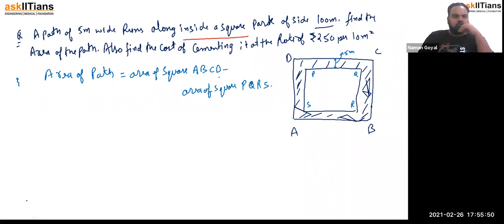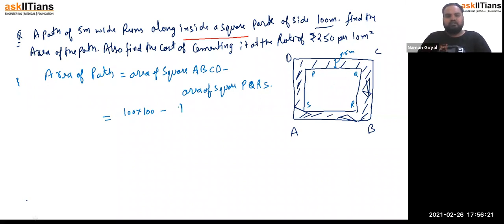The side is 100, so it will be 100 into 100, minus. Now for PQRS, see, this is 5 and this is 5. So for one side of PQRS, we have to remove 5 from both the sides, so we get 90 for one side, right?